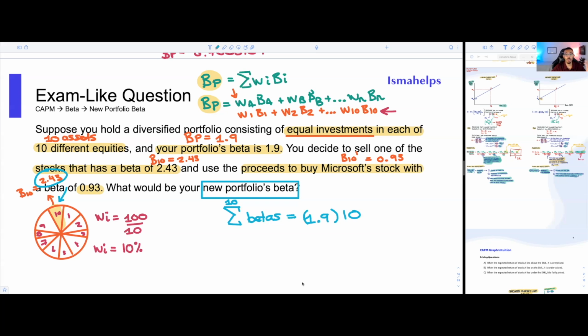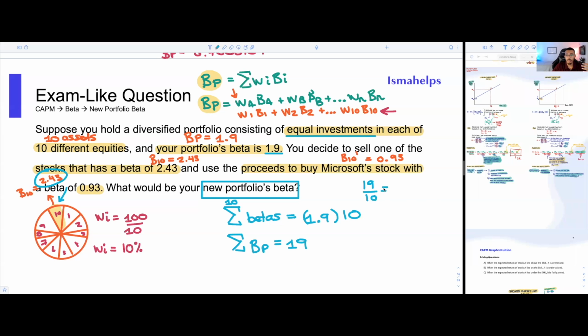The reason is that we know our portfolio beta is 1.9, and we have 10 stocks equally distributed, so you could simply do 1.9 times 10. A little trick for math, such that the sum of all your betas for your portfolio would be equal to 19. Think about it, 19 divided by 10, and we know this is equally divided.